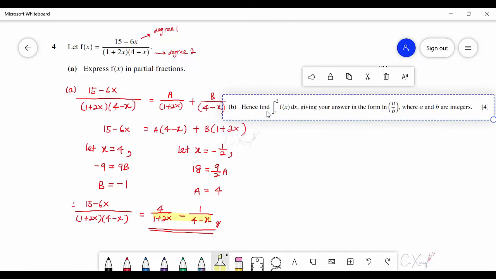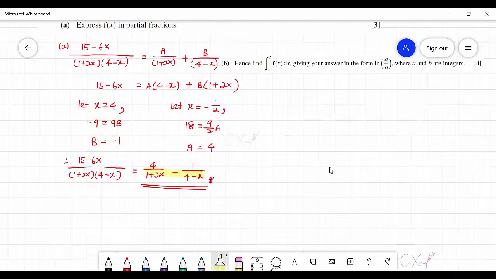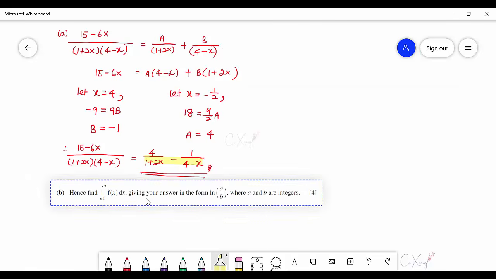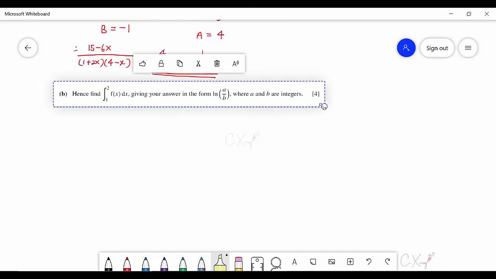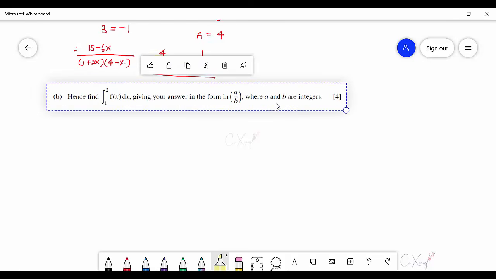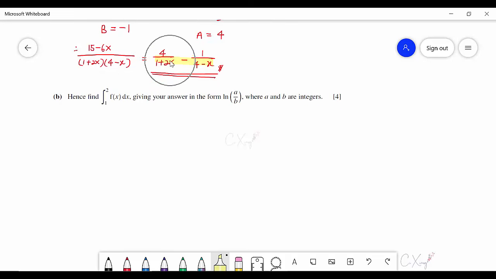Okay, so hence, find the integration, giving your answer in the form of ln a over b, where a and b are integers. Right, so maybe I will solve it here. Okay, since I already know that my f(x) can be expressed into these partial fractions.